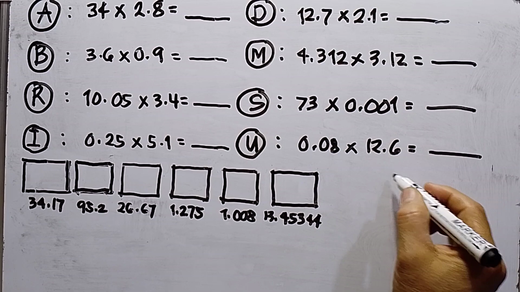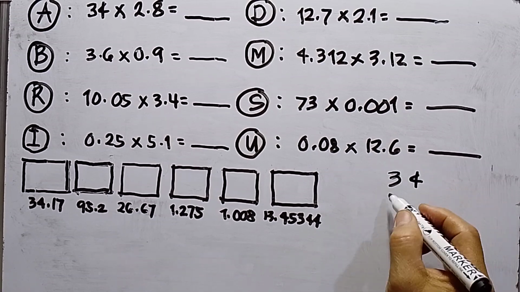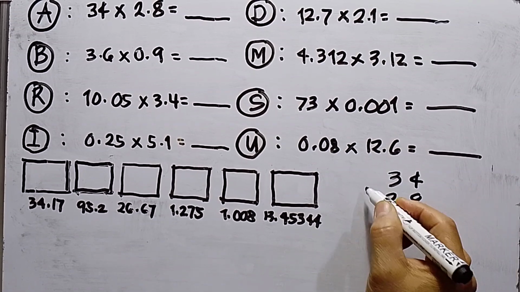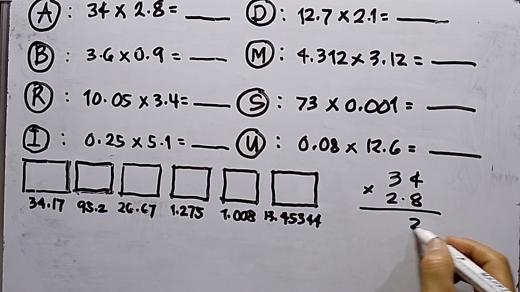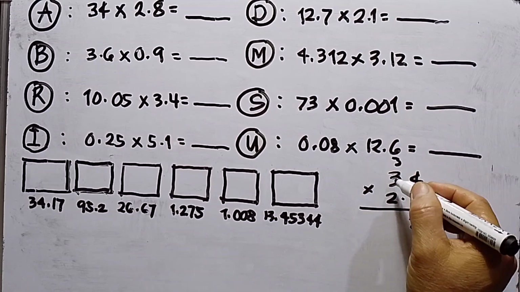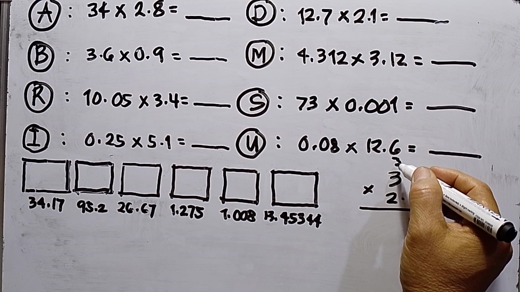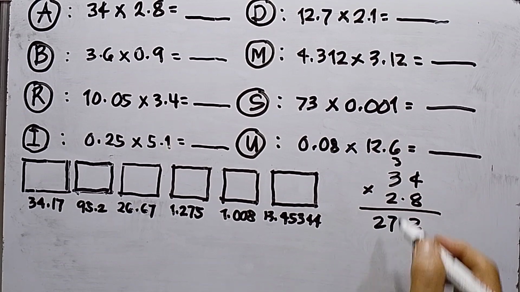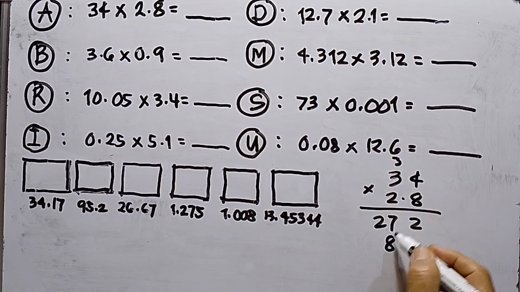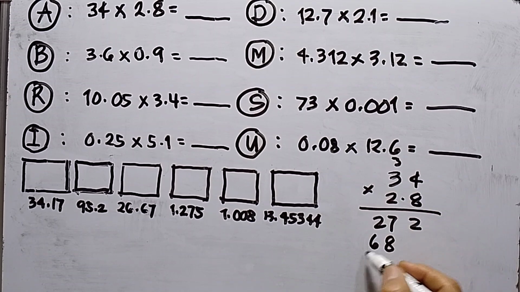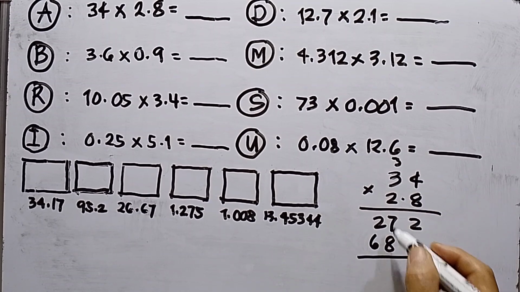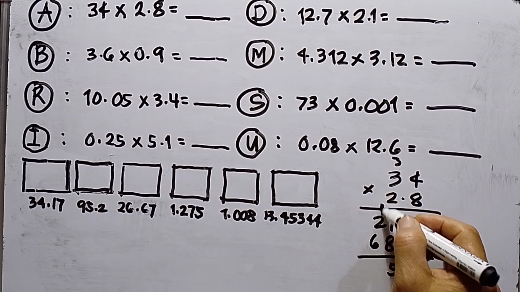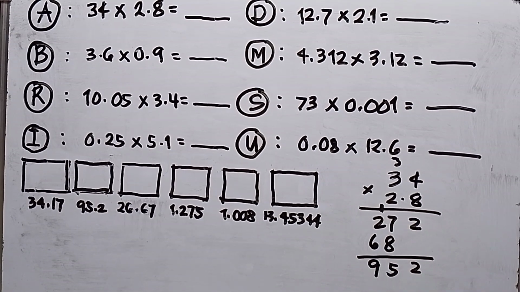Letter A is 34 times 2.8. This will be 32, carry 3. 3 times 8 is 24, plus 3 is 27. Then 2 times 4 is 8, 2 times 3 is 6. So bring down 2, this is 15. Carry 1, and then I have 952.